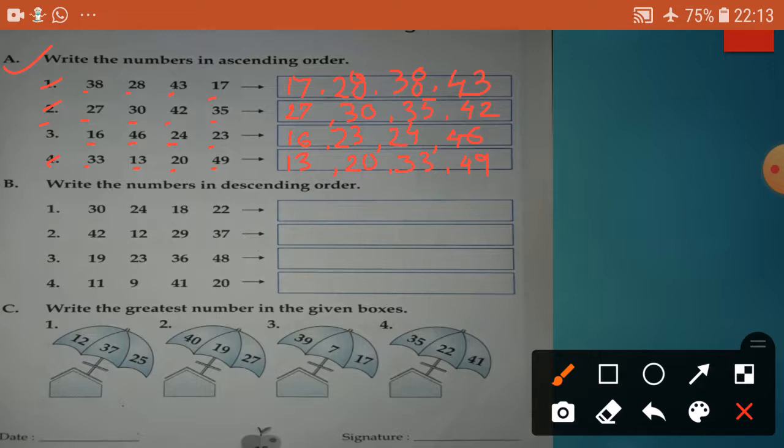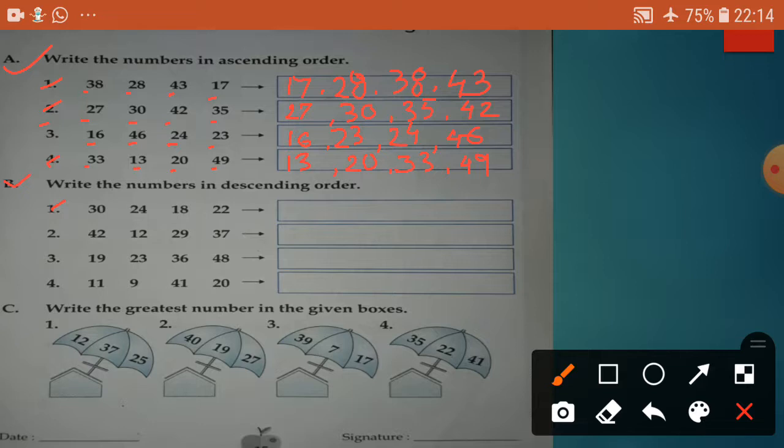Next B. Write the numbers in descending order. Descending order means, you know children, biggest number. First you write the biggest number. So children, I write here first. First you underline tens.